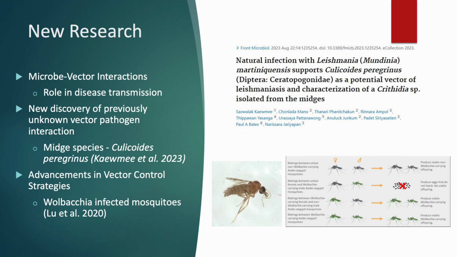With this said, there have also been advancements in vector control strategies. You might have known from Dr. Vitek's presentation, he mentioned the vector control of Wolbachia-infected mosquitoes. This is used to suppress vector populations and to also decrease pathogen transmission. This has been seen to be pretty effective, and I briefly put in, you can see that picture is that actual midge species they discovered, the potential vector, and to the right is how Wolbachia works.